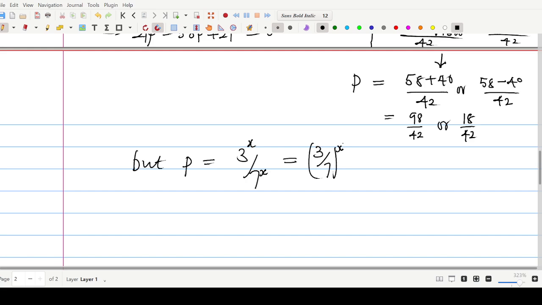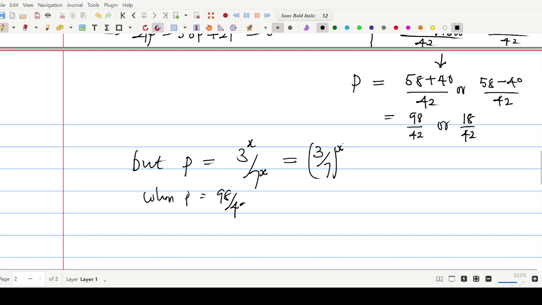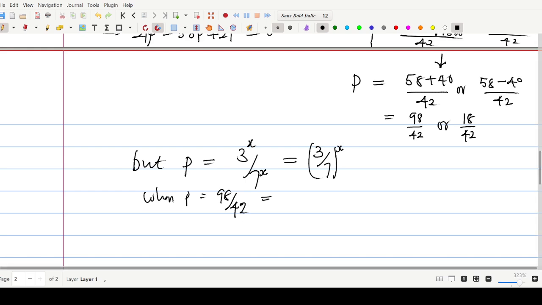All right, so the first case is when p equals 98 over 42, and this will break down to, let's simplify it as far as possible. Now can 6 divide 98? The denominator is 42, and when that is divided by 6 you have 7. Then 98 divided by 6 is not possible.